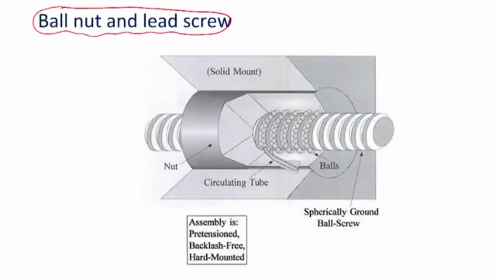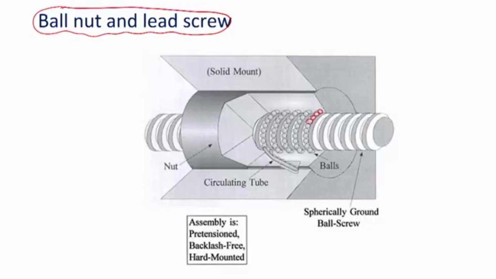The benefit of these hardened ground balls is the efficiency. During continuous relative motion of V threads, there is a chance of wear and tear, and due to wear and tear there may be a play, an offset of the information given to the lead screw and the transformation of motion from the screw to the nut. So, this play affects the geometrical accuracy of the work part.